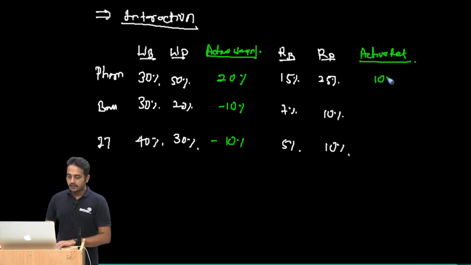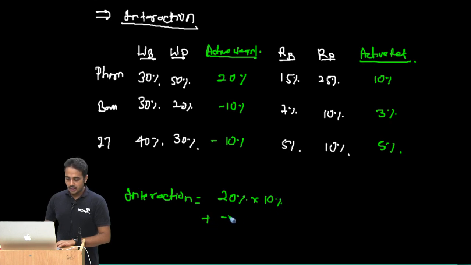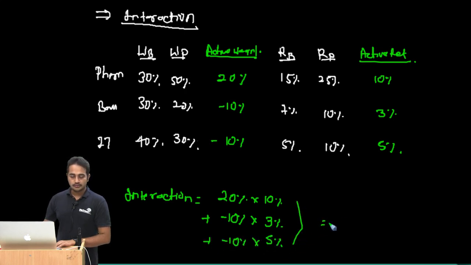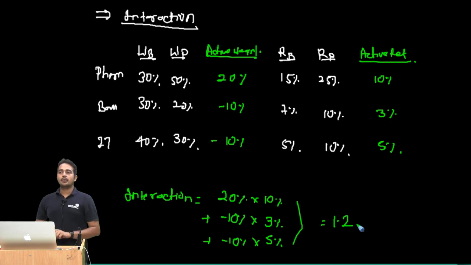So here we've done 10% better, 3% better and 5% better. And your interaction component is essentially a weighted average of these numbers. So 20% into 10% minus 10% into 3% and minus 10% into 5%. How much? 1.2. So the interaction component is 1.2.